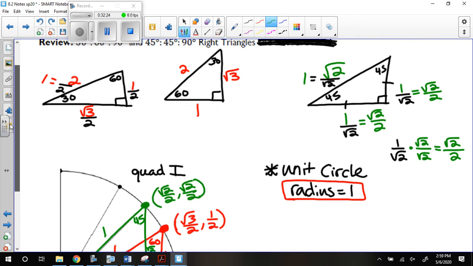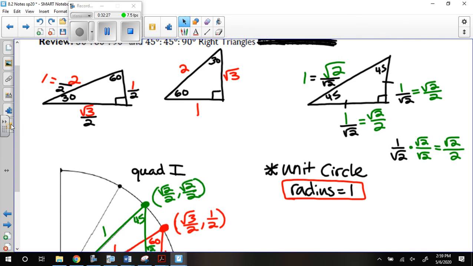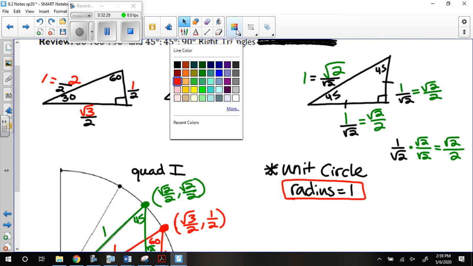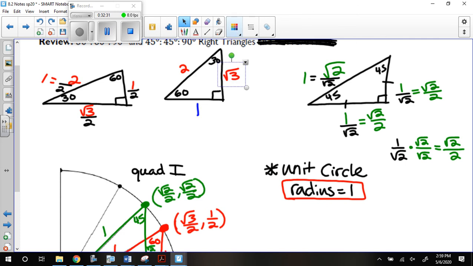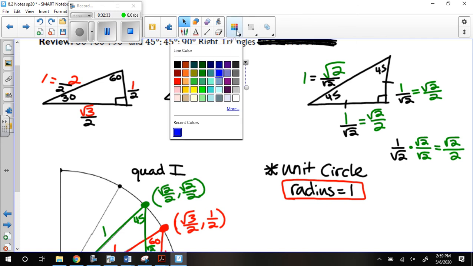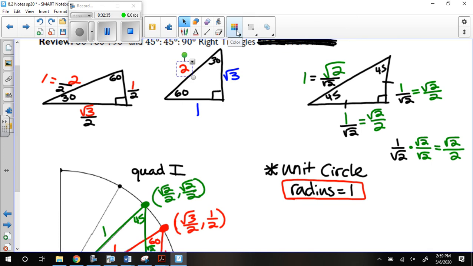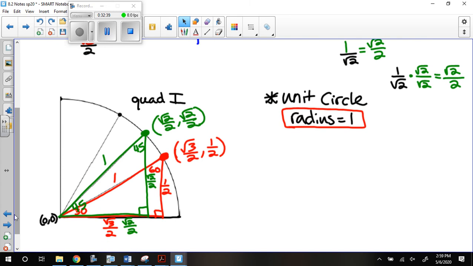Last but not least, I'm going to turn these guys blue. Draw a blue triangle on my picture. Okay, so I'm doing the same thing. I'm going to have a 30, 60, 90 triangle here in blue.